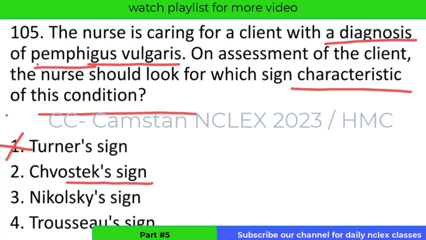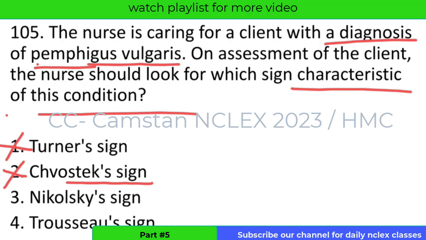In this, there is a spasm of the facial muscles caused by tapping the facial nerve in the region of the parotid gland. So this sign is mainly seen in hypocalcemia or tetany. So Chvostek sign is also an incorrect option here.